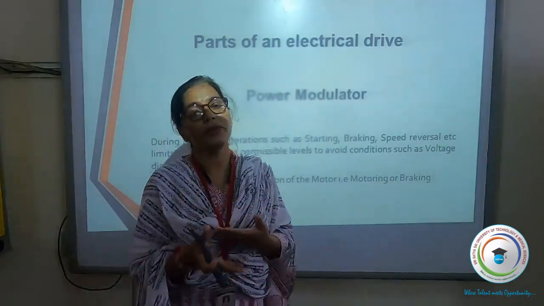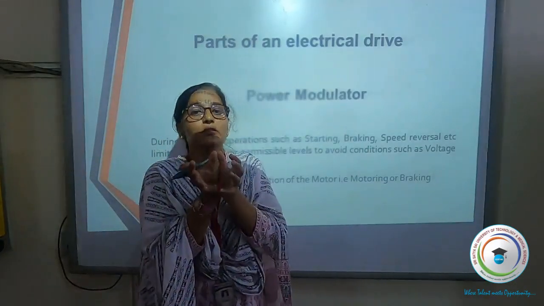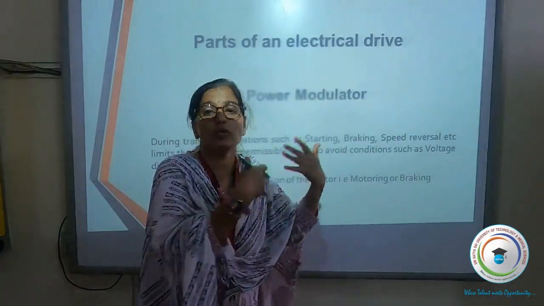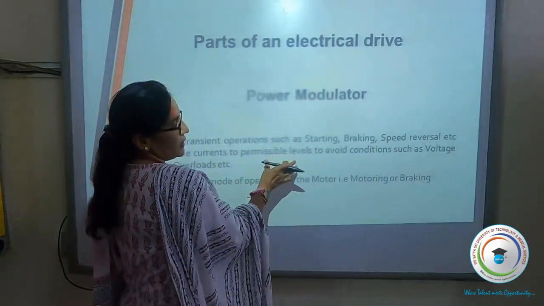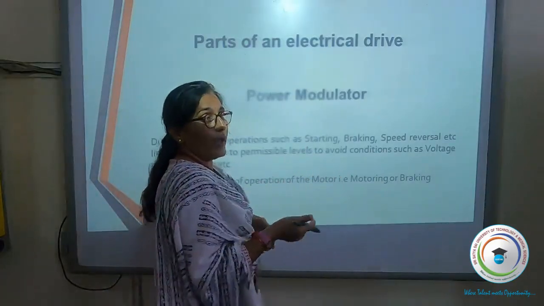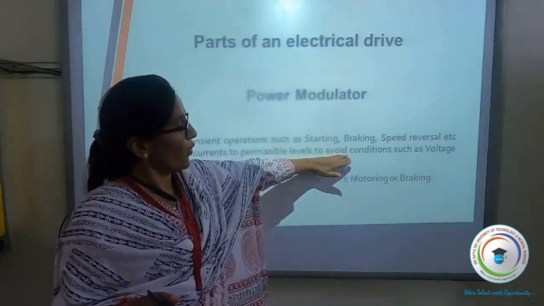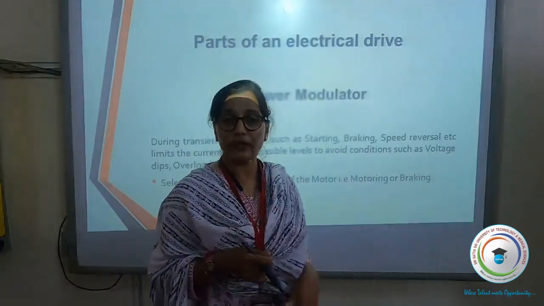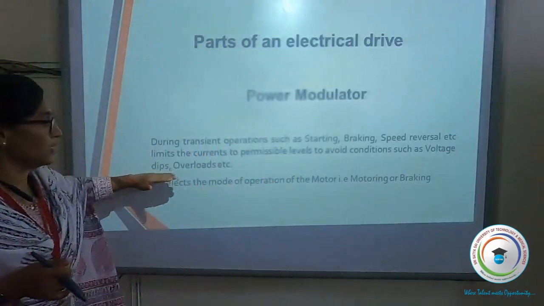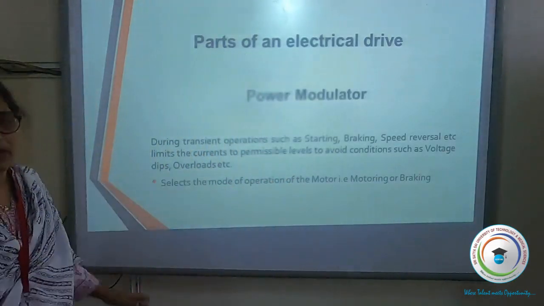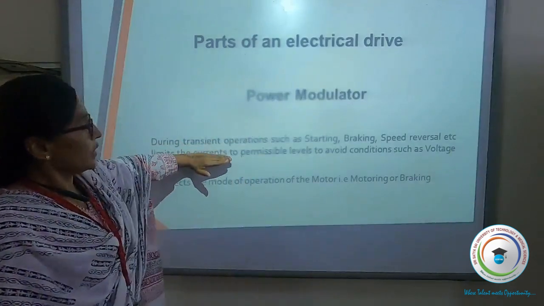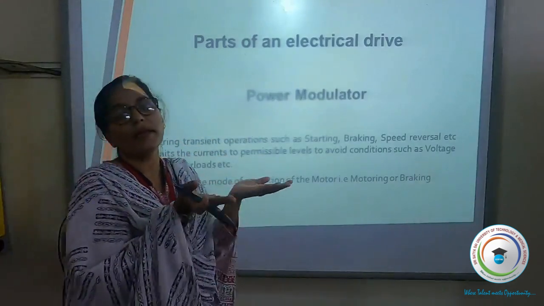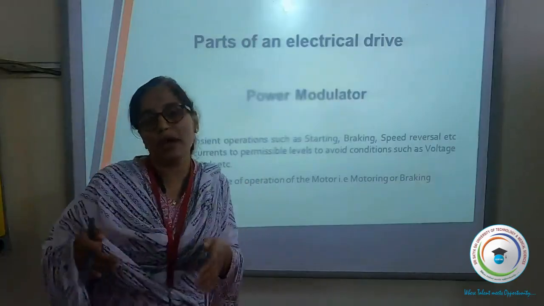Permissible value means that amount of current which is required by that motor, which is allowed to flow in that motor. It controls this to avoid conditions such as voltage fluctuations, voltage dips or voltage overloads. So it will control the current to a permissible value.